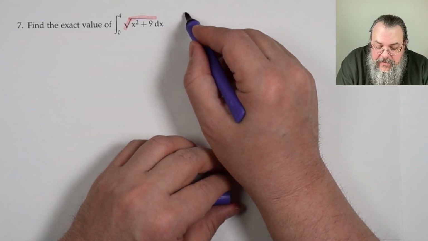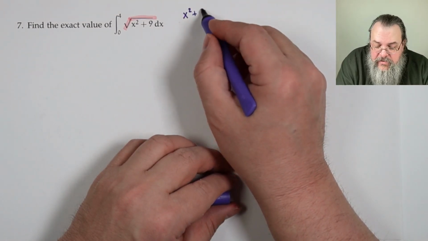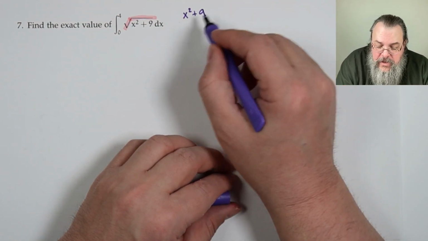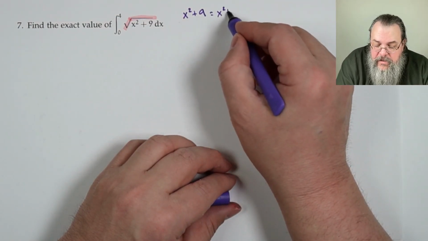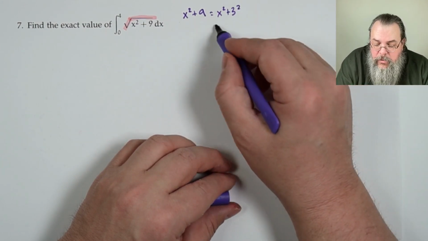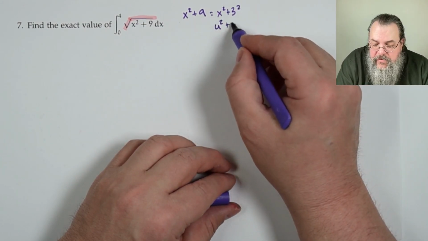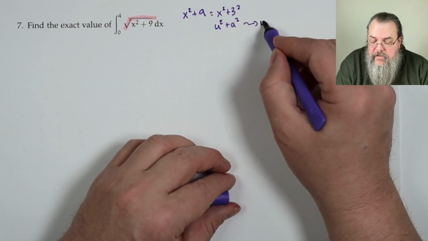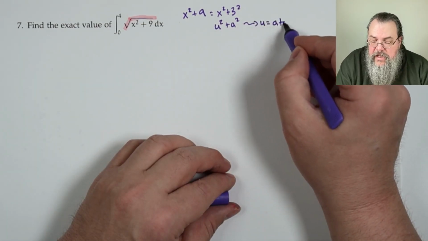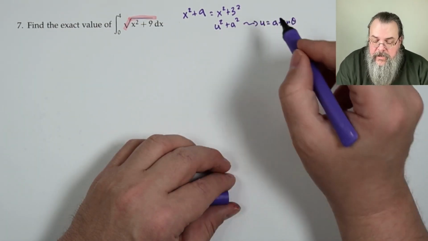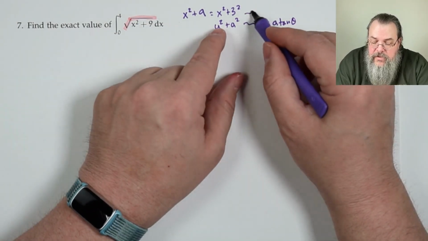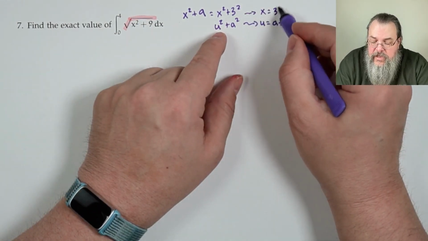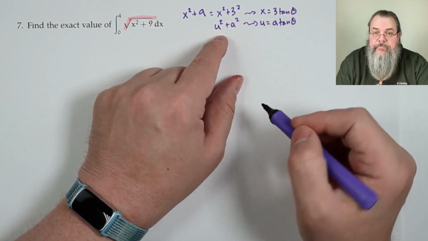So if we have our x squared plus 9, well, that's really x squared plus 3 squared, where we have u squared plus a squared. Now that tells us we should make the substitution equals a tangent theta. In our case, our substitution will be x equals 3 tangent theta.